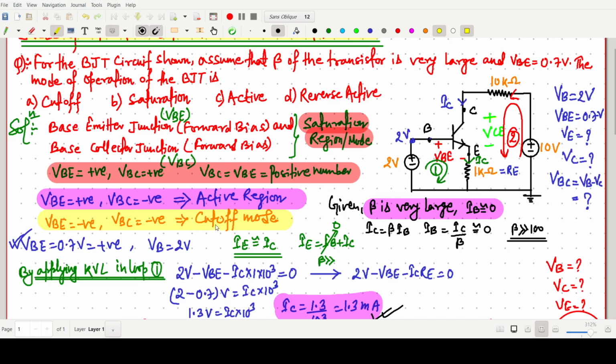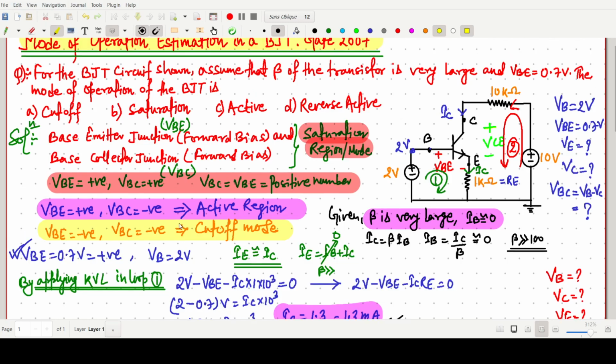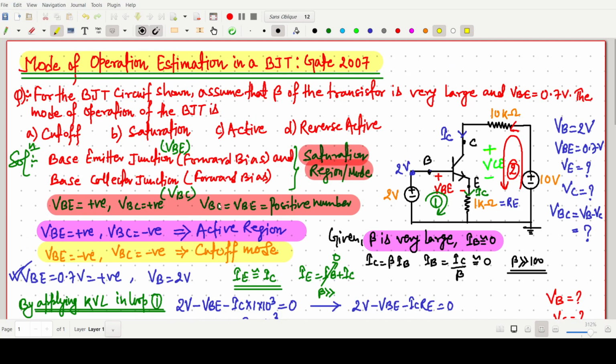When both are negative, it should be in cutoff, and when VBE is positive and VBC negative, it should be in the active region. In this way we can easily say the correct answer for this one is the saturation region. So this is all about this simple GATE 2007 question. Thank you for watching this video.